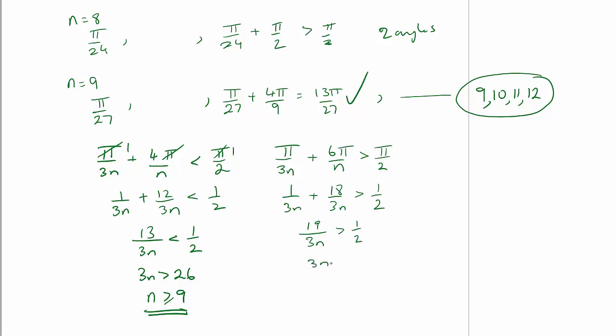And rearrange that, we need 3n to be less than 38. So n is less than or equal to 12 would do that. And so you can see that's a slightly more mathematical way of finding what we found by investigation before.